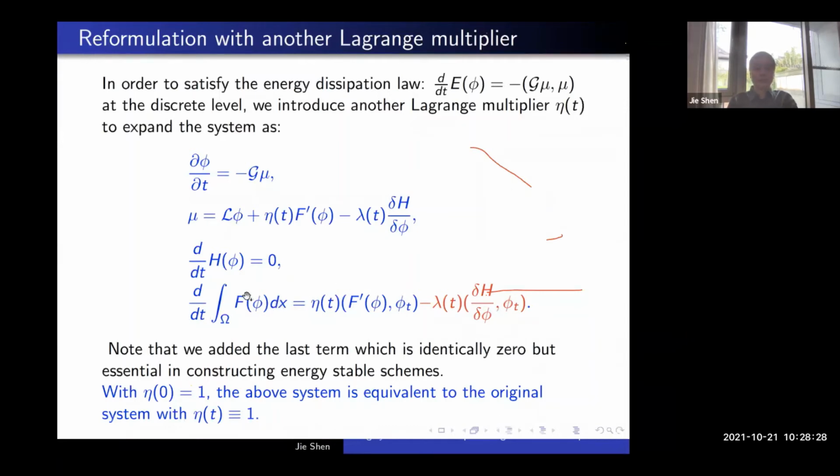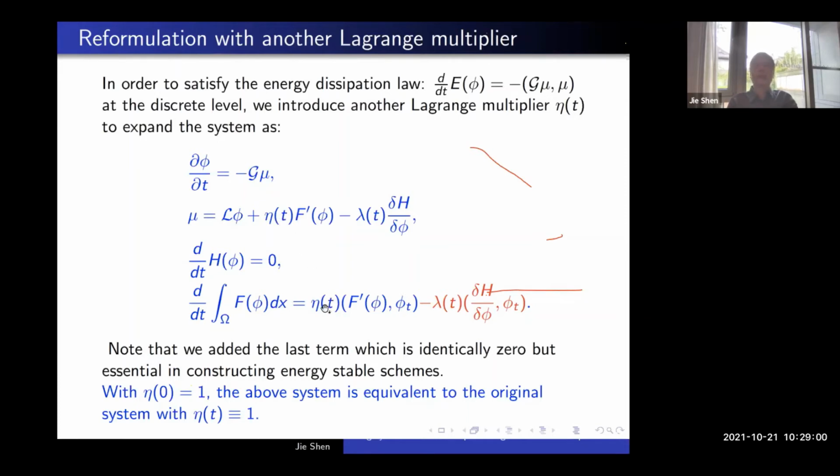So we add another equation with respect to the nonlinear part of the energy. You take the time derivative, and you should get f prime(phi) times phi_t. But I'm going to multiply in front by eta(t), and eta(t) is the same eta(t) here, which in the continuous case should be identically equal to 1.